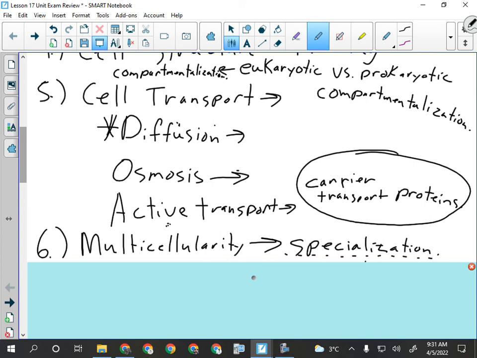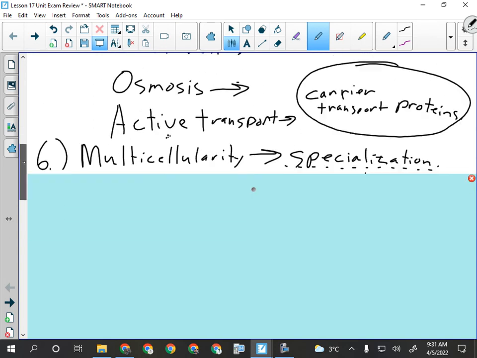The best way to do that, talk about specialization and talk about how each different type of cell in the leaf has a specific job by telling me what it is. Okay? This shows specialization because these cells do this job and these cells do this job, but they all work together. Without one, none of them would survive. That's multicellularity. Okay? Make sure you're putting in a pretty verbose answer for that.